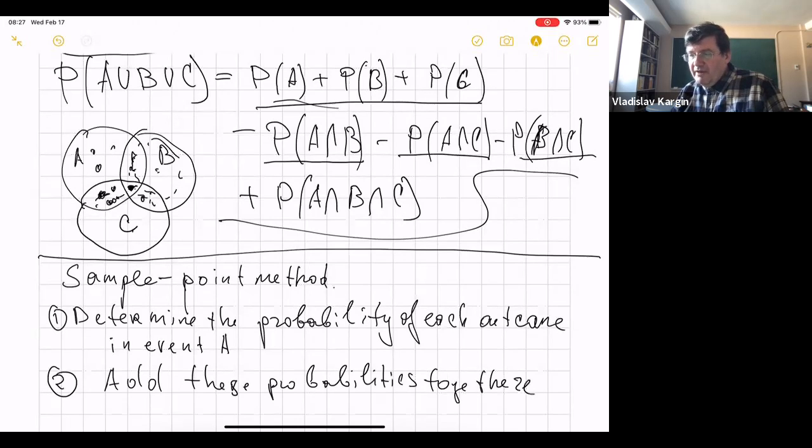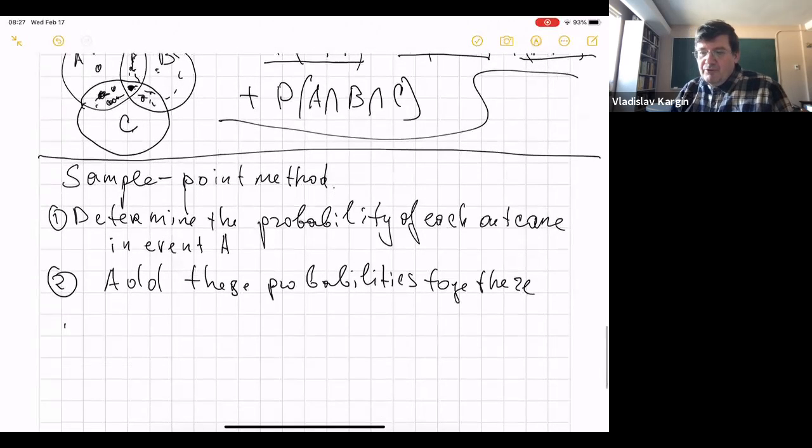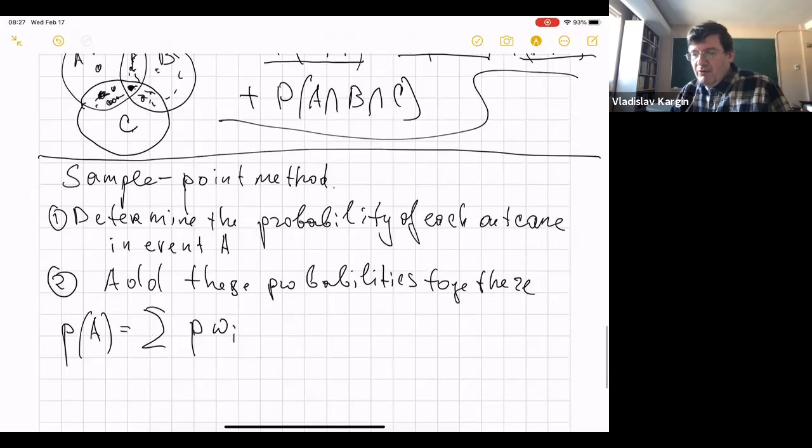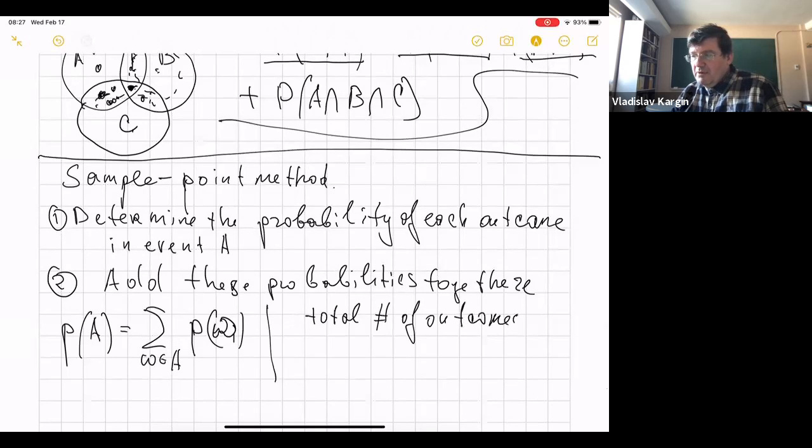It's exactly our rule: the probability of A is equal to the sum of the probabilities of omega i, for omega in A. In the simplest case, the total number of outcomes is n, and all outcomes have the same probability.